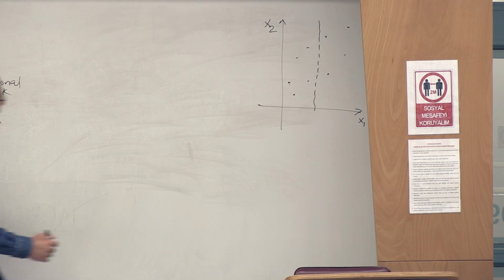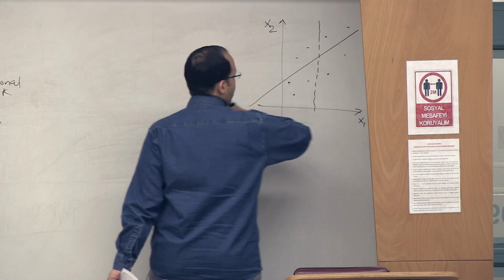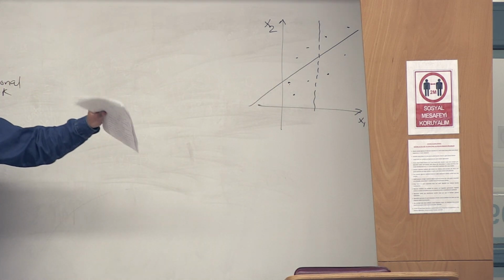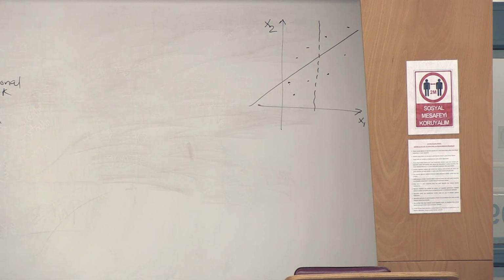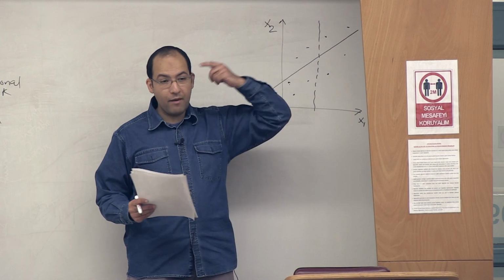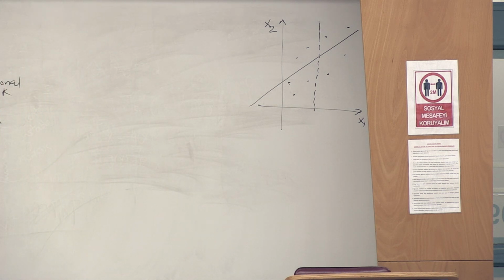So we want to pick a line, a line that goes like this, for example, such that the line is the closest representation of the data, the closest we can be. What does the word closest mean here? How can we formulate it mathematically? Exactly.